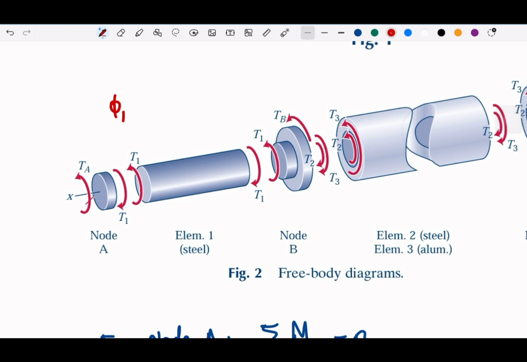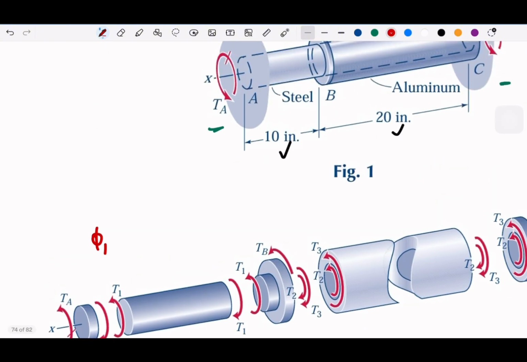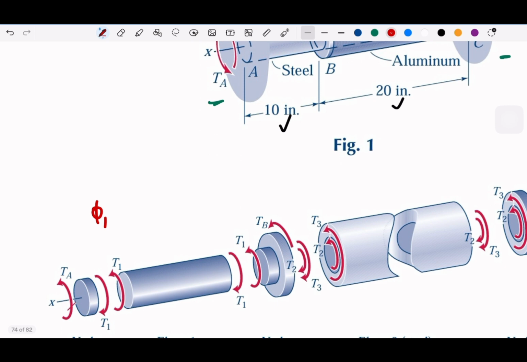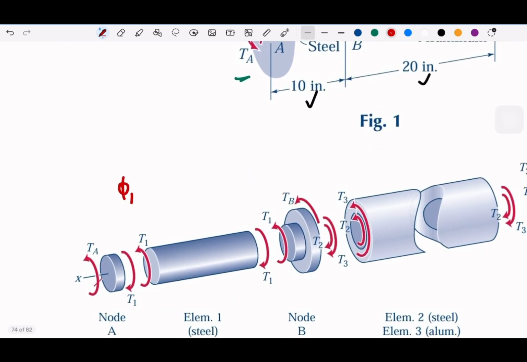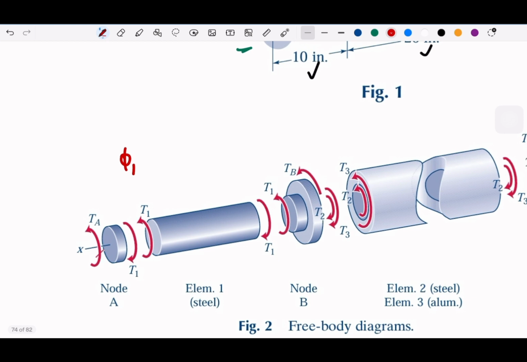Okay, so the twist angle, since we have the TA and TB, then if we take relative, suppose that this is twist angle A minus twist angle B, okay?